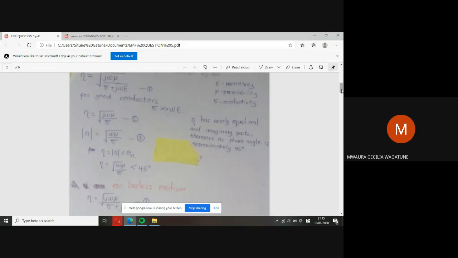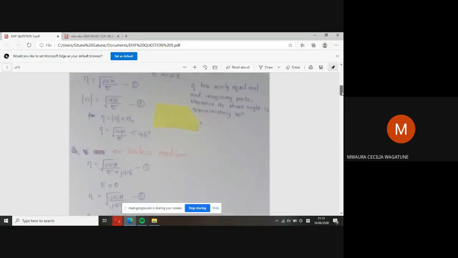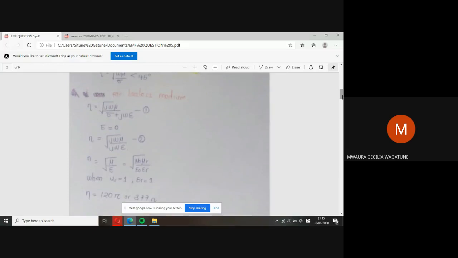Now, in case we're talking about lossless medium, the conductivity is equals to 0. So the formula changes.